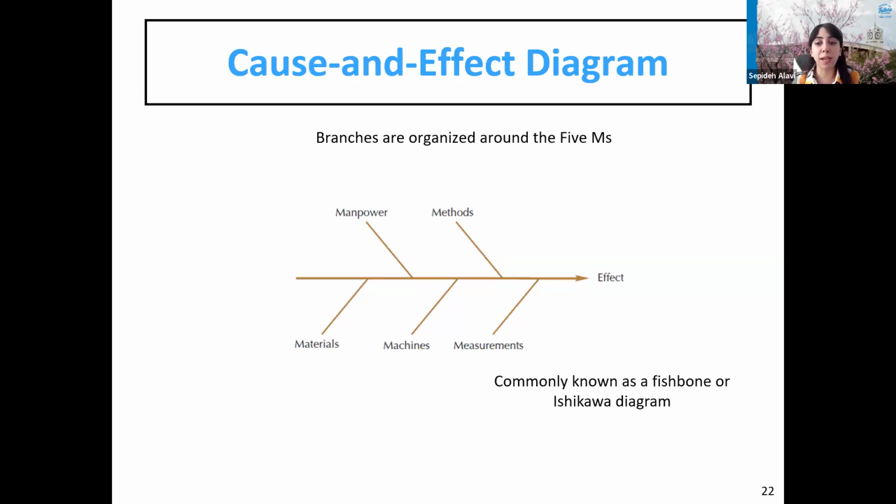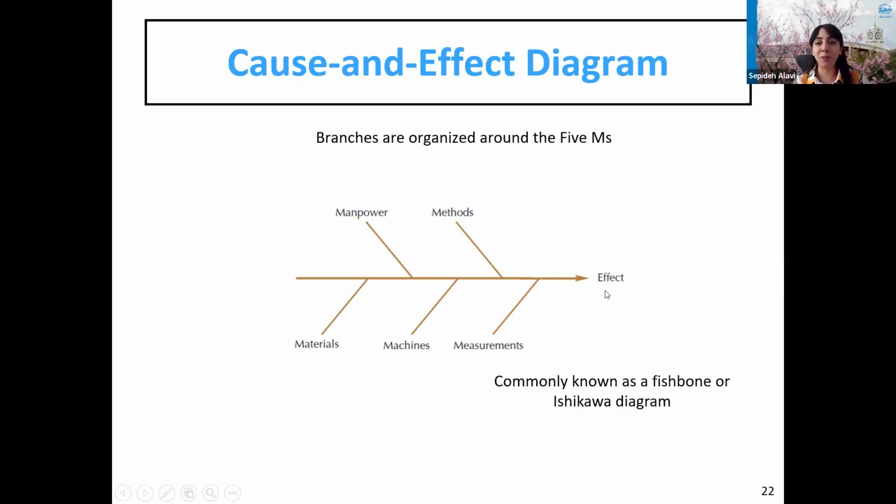It's also known as the fishbone or Ishikawa diagram because Ishikawa is one of the pioneers who has made significant contributions in the field of quality management. As part of that, he introduced this cause and effect diagram. Well, in the cause and effect diagram, we have the main branch.